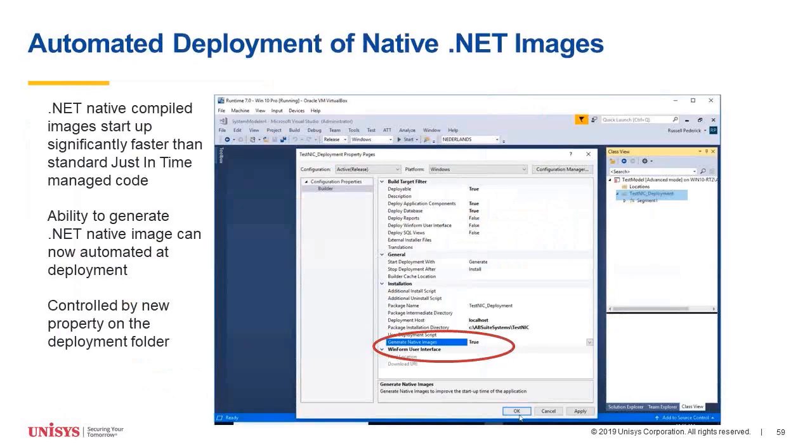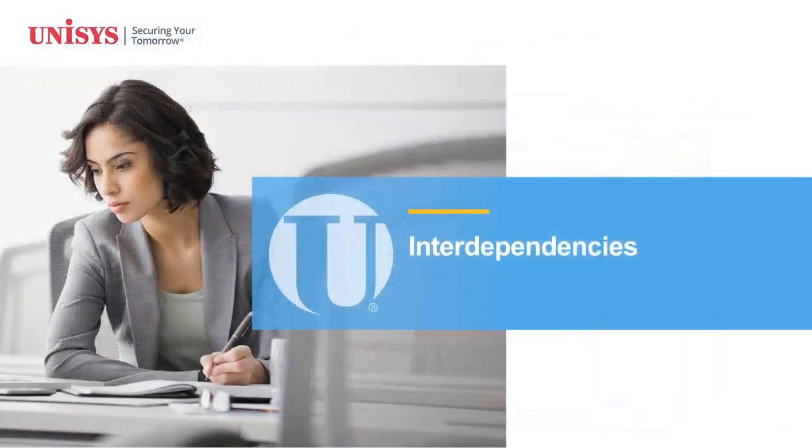While all that's fine, you now have the ability from within a build and from within a gen to specify that you want a .NET native image, and this should help make life a little easier and more productive by not having that manual step. And so I lumped it under the overall productivity enhancements.